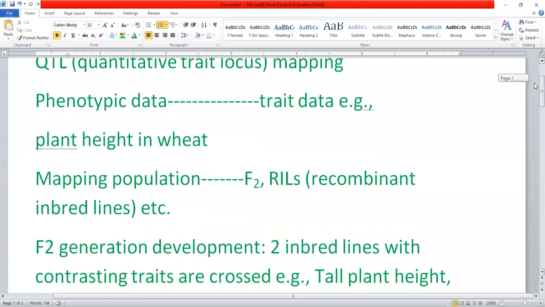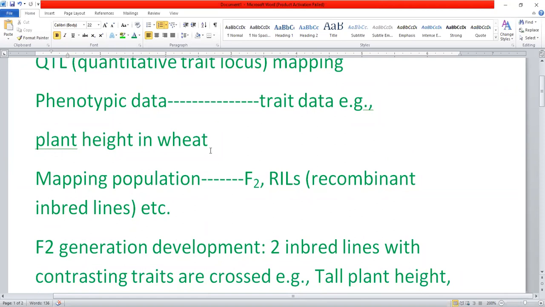After these two forms of data, the phenotypic data and the genotypic data, are generated, they are analyzed by computer-based softwares.